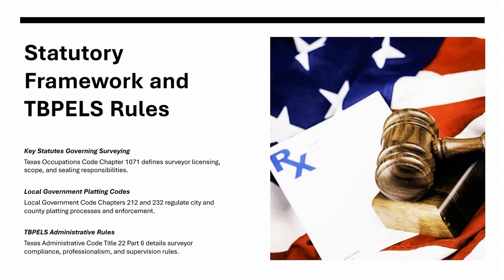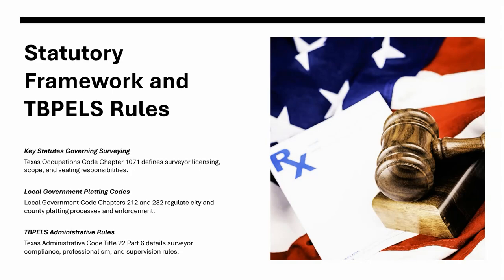And second, there's the Texas Local Government Code, chapters 212 and 232. The platting framework for cities is 212 and counties is 232. This includes approval timelines, replat requirements, and enforcement. And TBPELS implements detailed rules in the Texas Administrative Code, Title 22, Part 6.